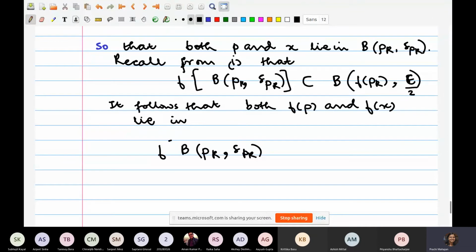Now fp is a point in this ball around pk, and so is x. So fp and fx both belong to this set, which in turn is sitting inside this ball around fpk of radius epsilon by 2. Is that okay?